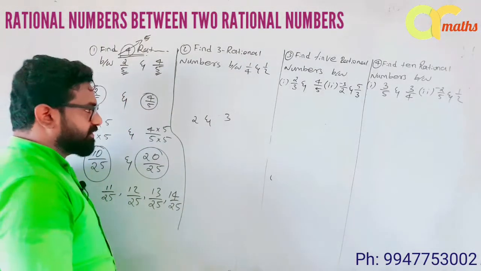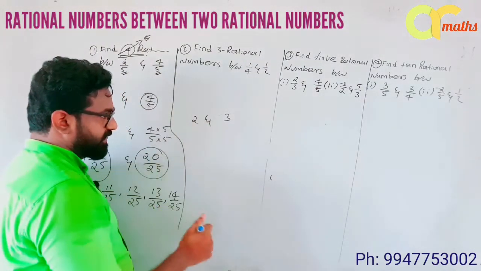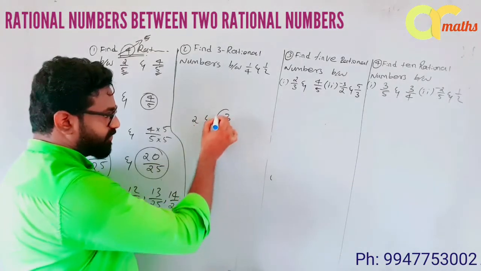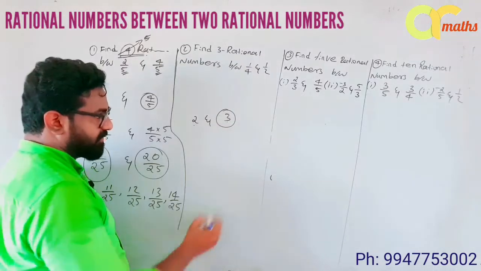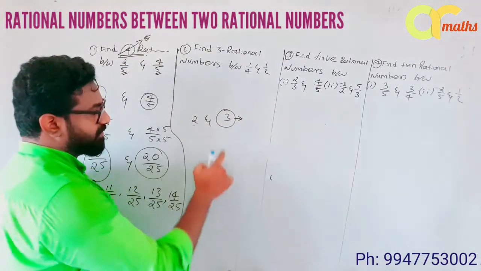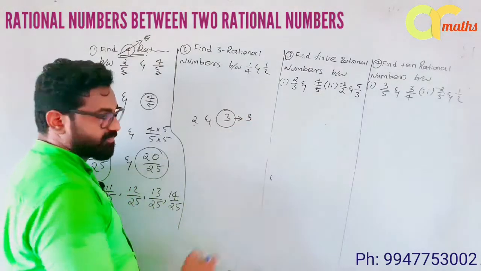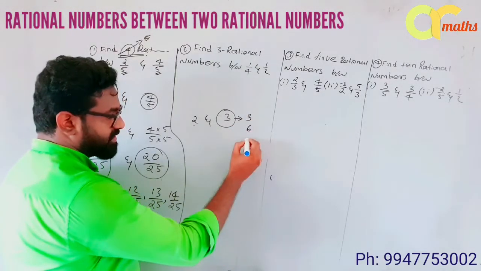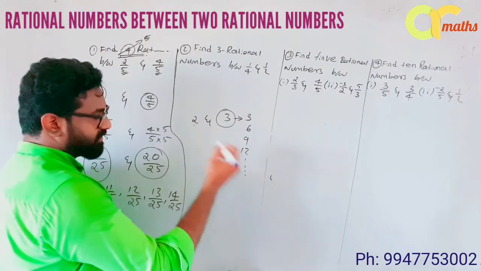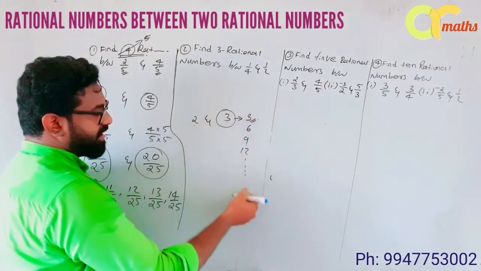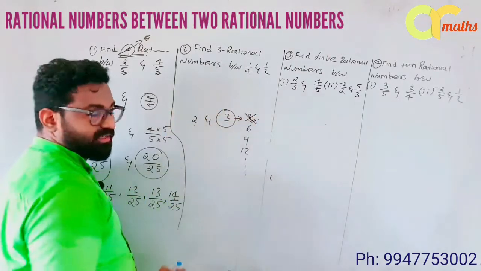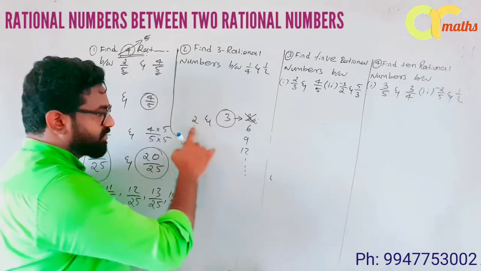I will give a shortcut to find LCM. To find the LCM of 2 and 3, take the larger number of 2 and 3. What is the larger number? 3. Then write its multiplication table. 3, 6, 9, 12, etc. Then can you divide 3 by 2? No, so 3 is not the LCM of 2 and 3.